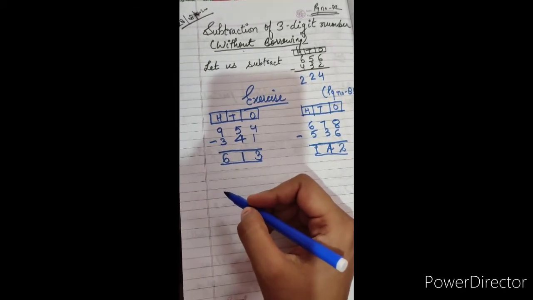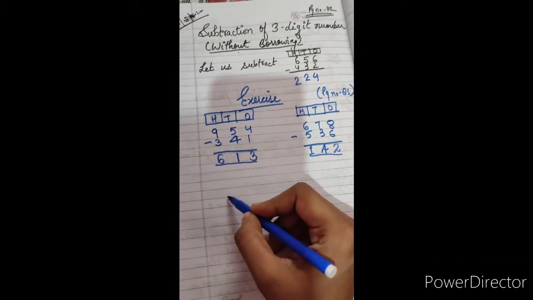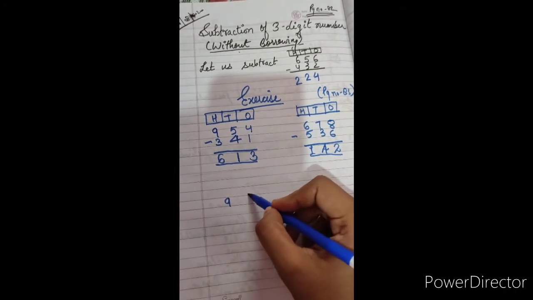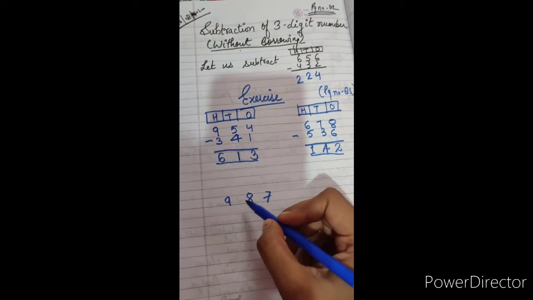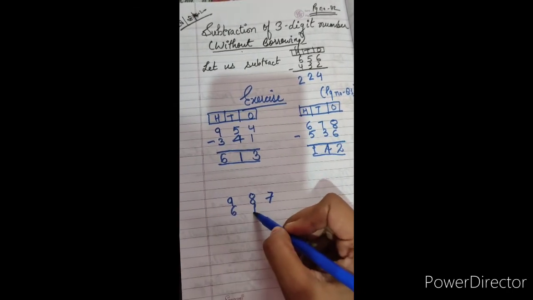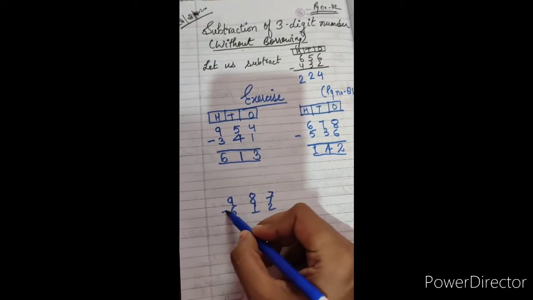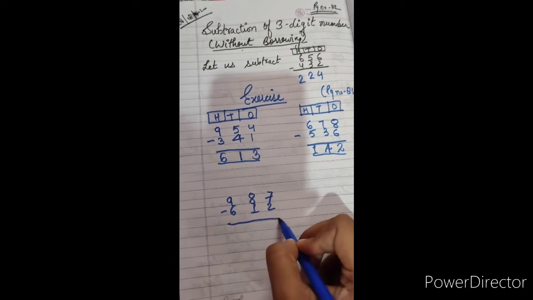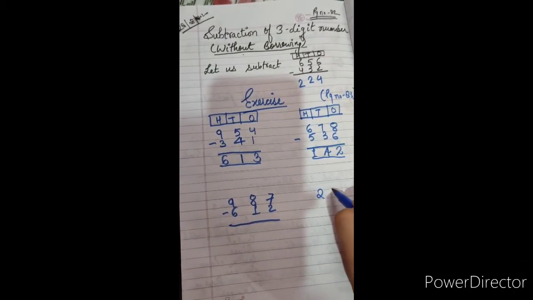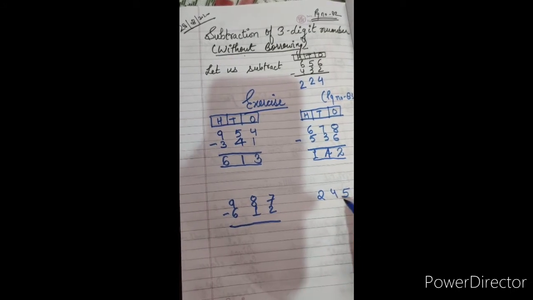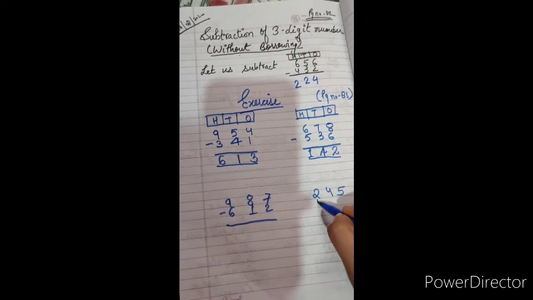And next is 987 minus 612, and 245 minus 123.